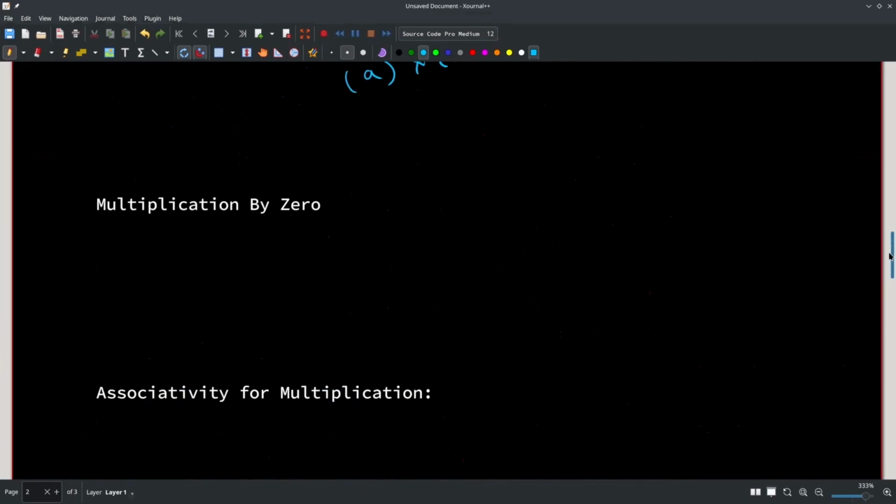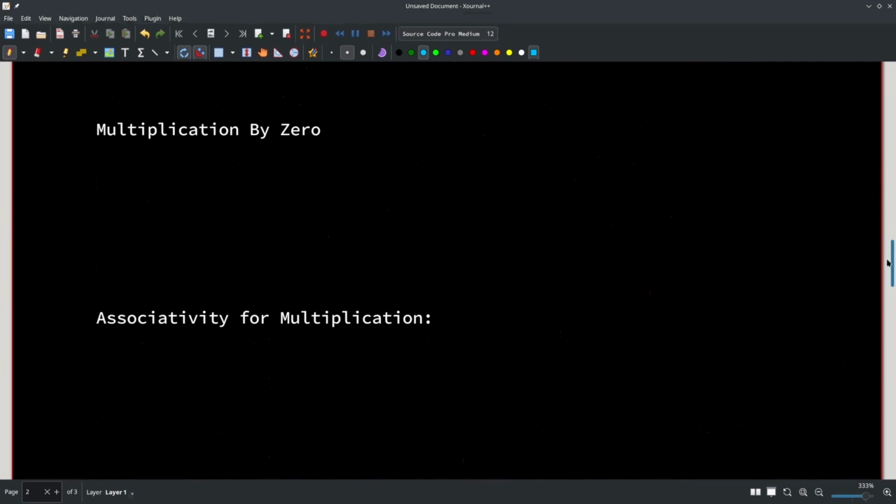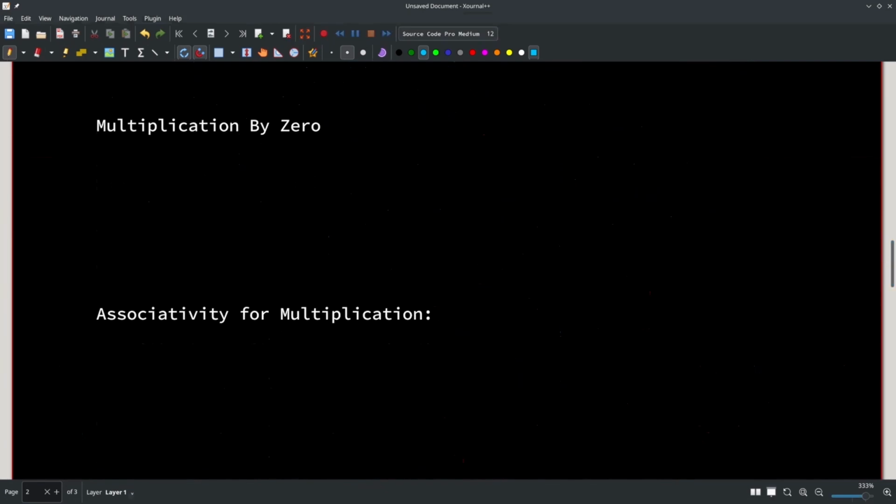Now let's talk about multiplication by 0. This is basically a rule. That means any number, no matter how big, no matter how small, multiplied with 0 will always result in 0. So you have minus 21 into 0, giving you 0.